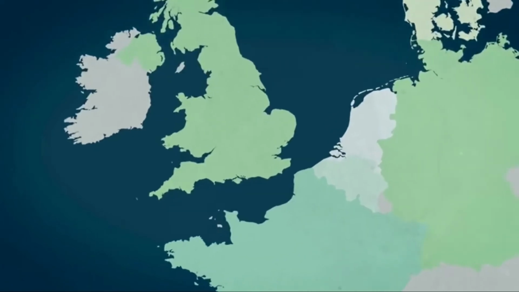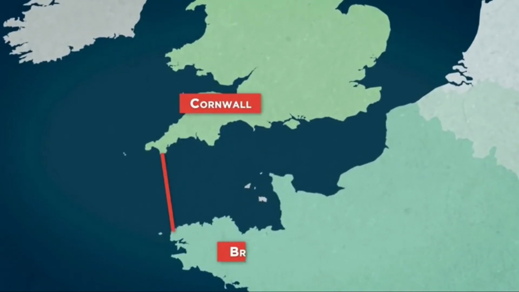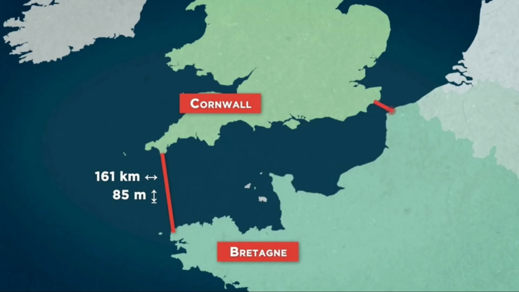The shorter of these sections would be built across the Channel from Cornwall in England over to Brittany in France, a distance of 161 kilometers across an average depth of roughly 85 meters. Of course, to simplify the engineering challenges and resources required, the dam could be constructed further back in the channel across the significantly more narrow Strait of Dover.